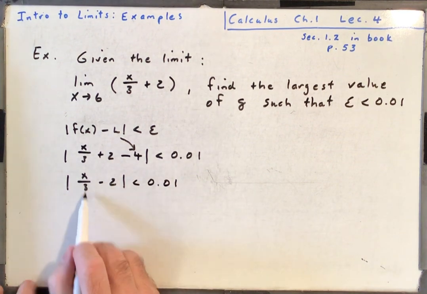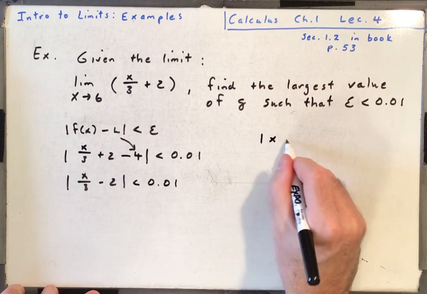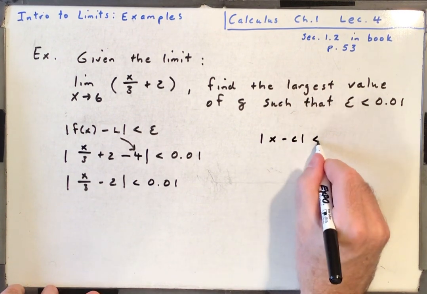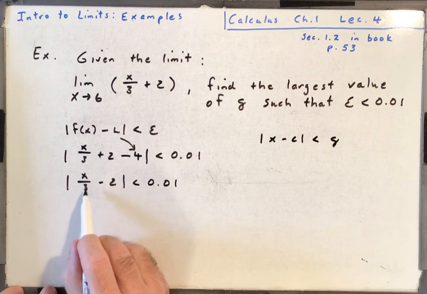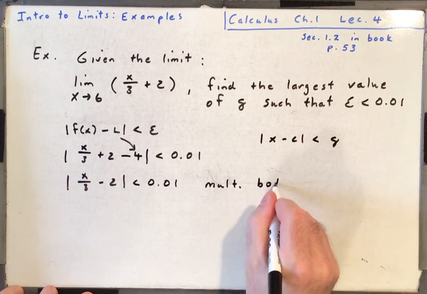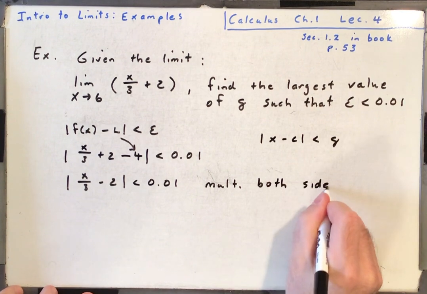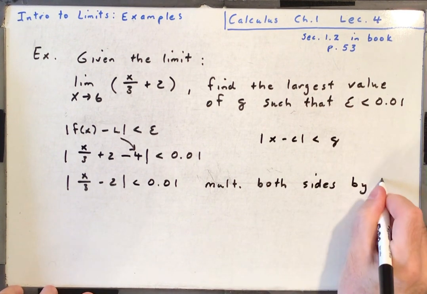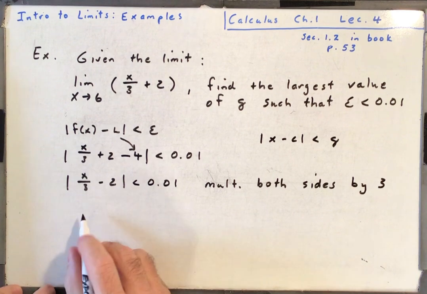So I need the form x minus c less than delta. Well, I've got x over 3, so let's multiply both sides by 3. Then I'll have x instead of x over 3.